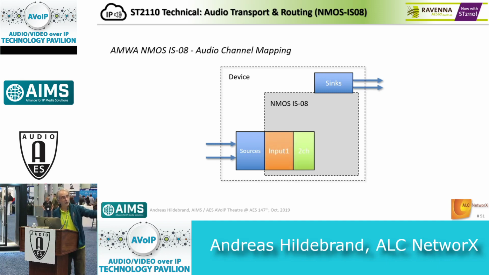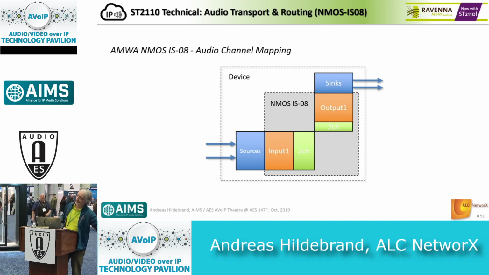So within IS-08, we have input entities defined, which have a particular channel capacity, and of course, output entities with a particular channel capacity. The devices report those capacities to the registry, so that a broadcast controller knows what the particular instances are and what their capacity is.